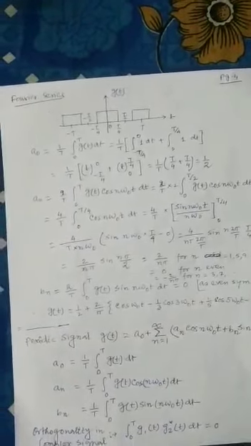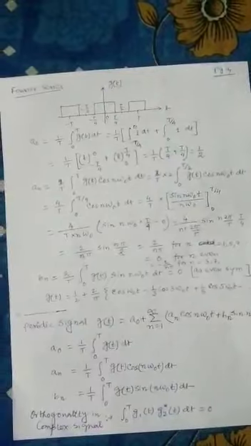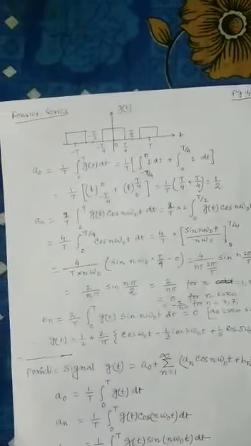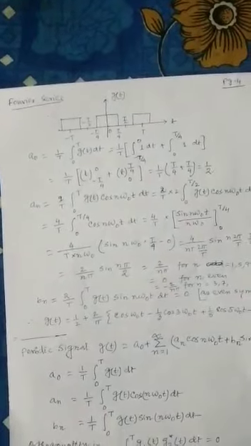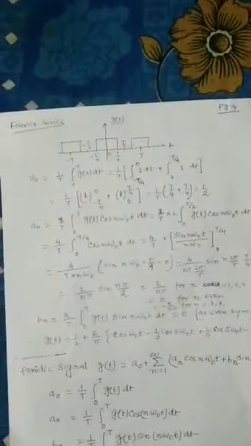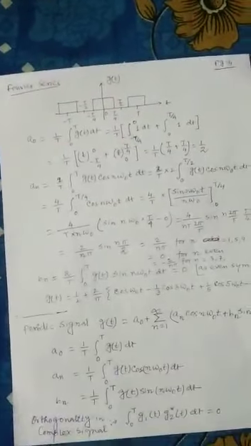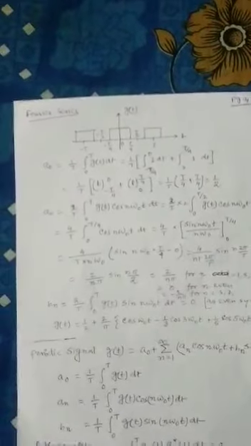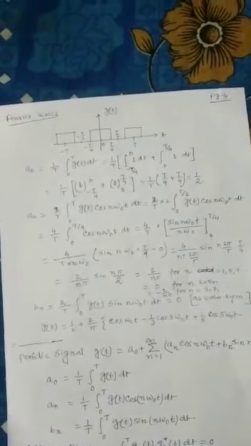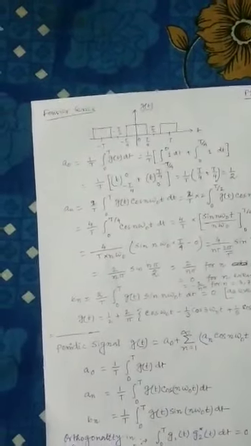Keeping all these things in mind, we are recapitulating the Fourier series of this half period square wave, where the second half is 0. Later, after a few classes, you will see the signal power can also be calculated using this Fourier series.